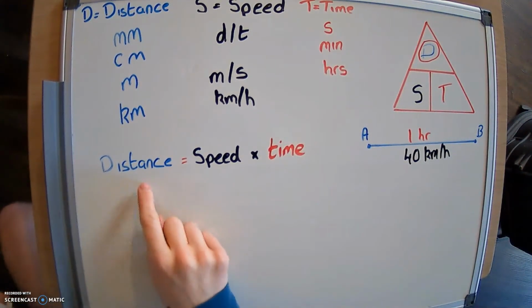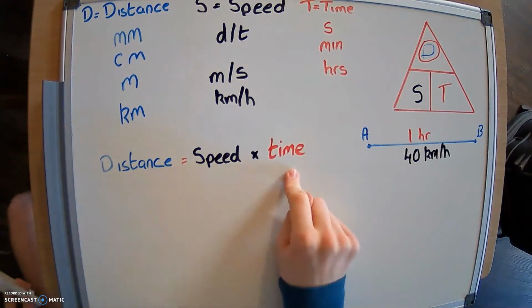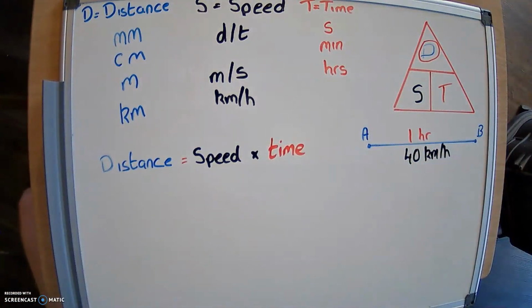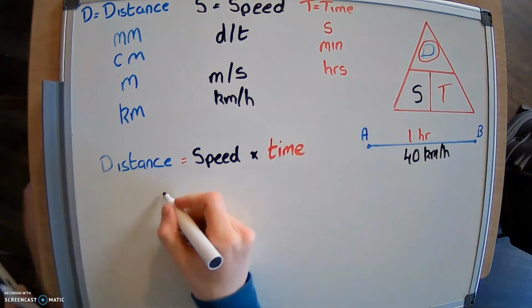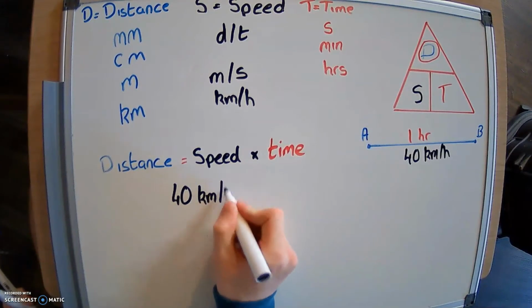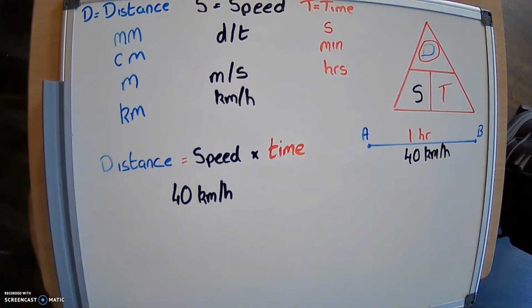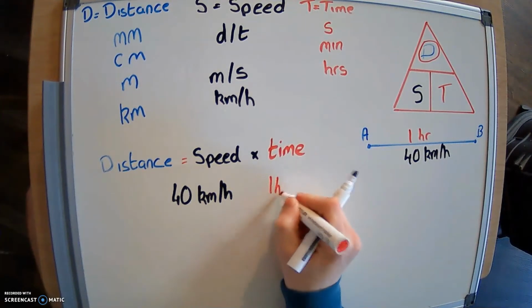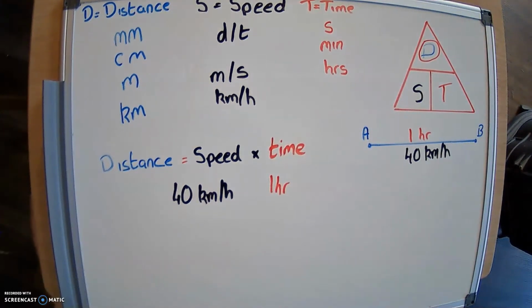So as we can see, our formula as we've written out is distance equal to speed multiplied by time. Our speed in this instance is 40 kilometers per hour, and our time is 1 hour.